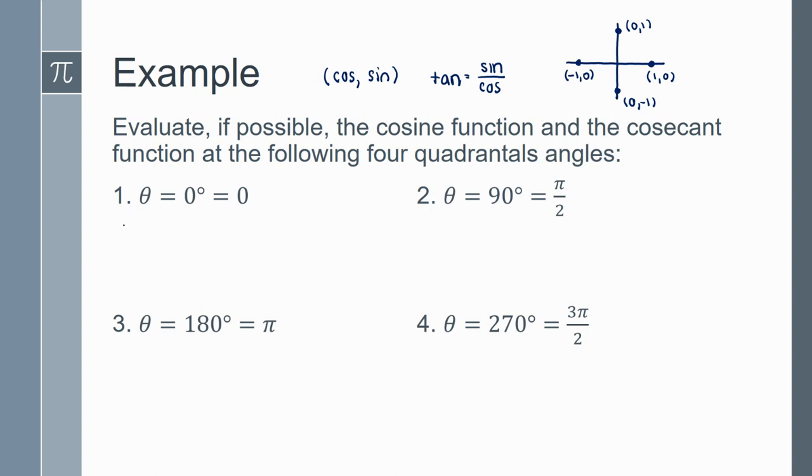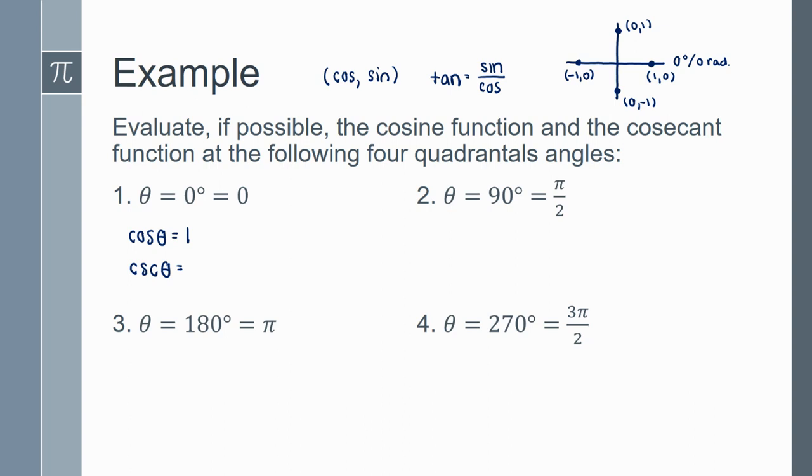Okay, so talking cosine. Cosine of theta, once again, if it's 0 degrees or 0 radians, that is right here. That's at the ordered pair (1, 0). And like I said, cosine is always the first number in the ordered pair, so cosine of theta equals 1 is my answer. If I'm talking about cosecant of theta, remember, cosecant deals with sine.